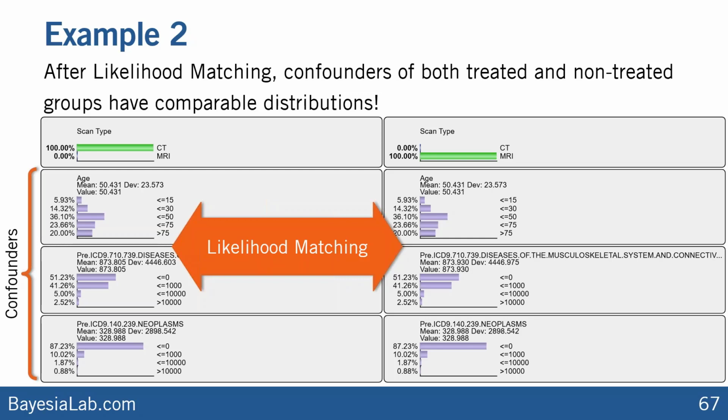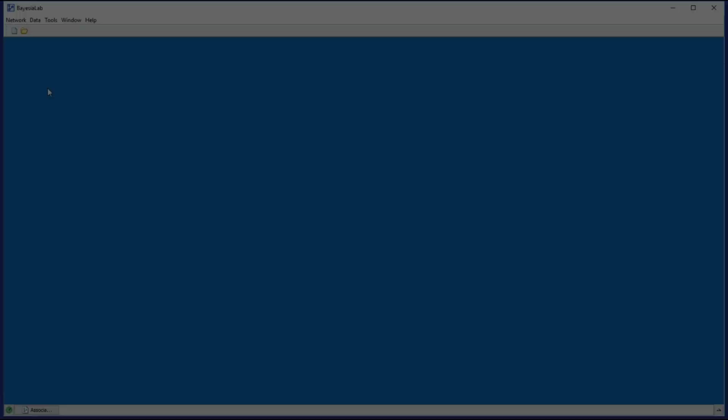And what I should point out, we're not just doing this for 3 variables, but in what you will see for around 20, and in the real world study, we are doing this on hundreds of variables, performing likelihood matching on hundreds of variables simultaneously. So with that, let me switch back to BayesiaLab.